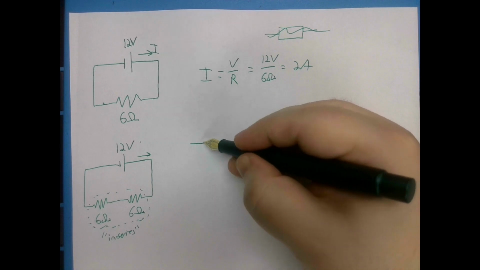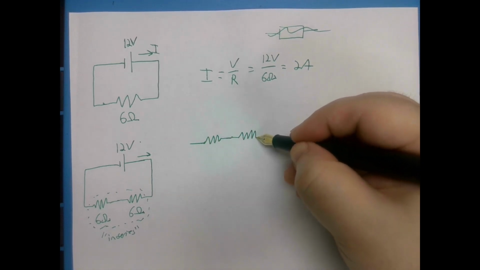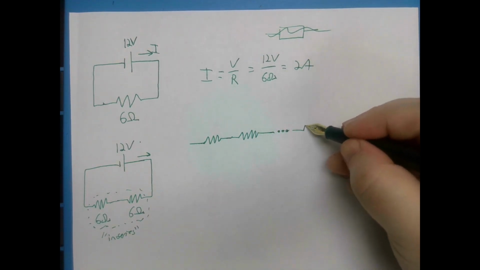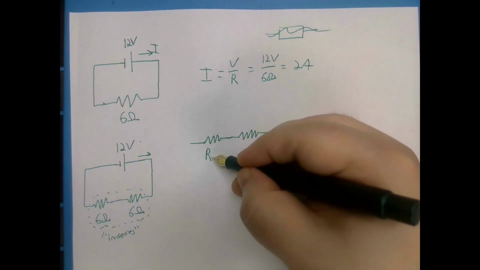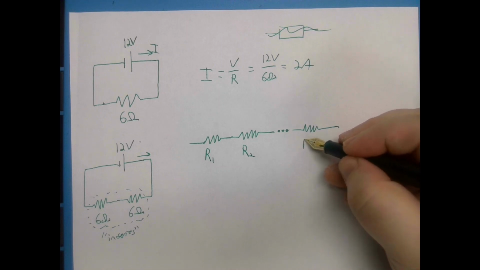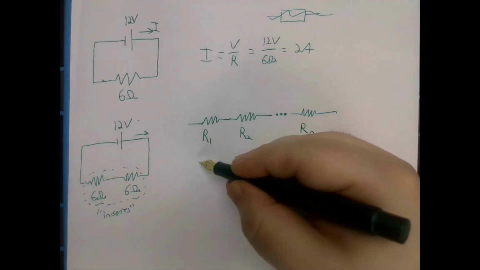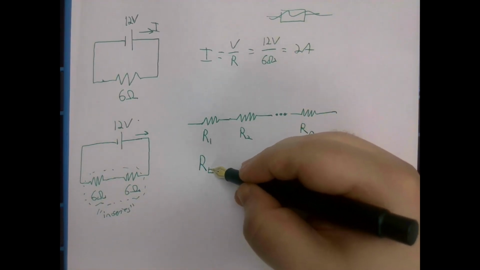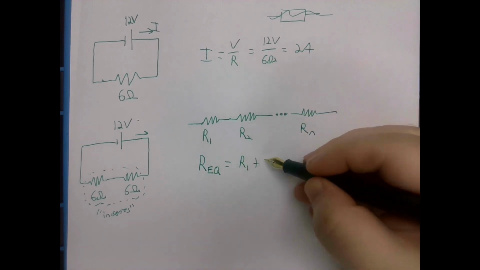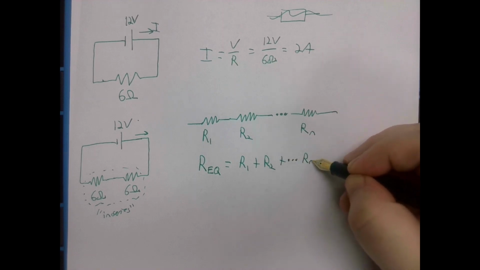So if you have R1, R2, Rn, then the equivalent resistance would simply be R1 plus R2 plus ... Rn.